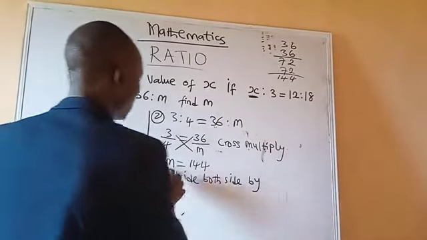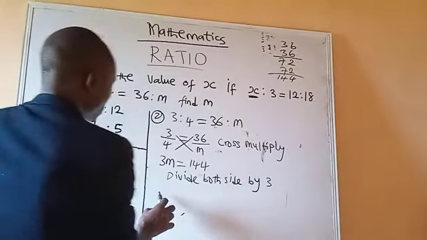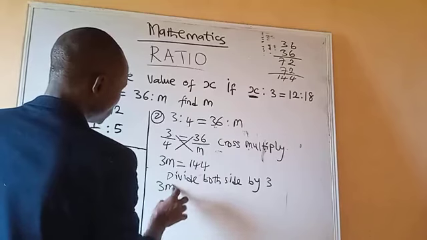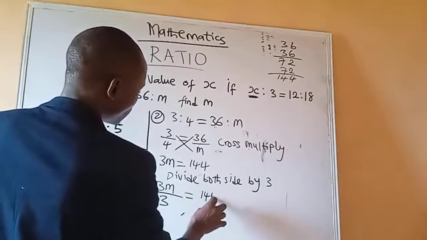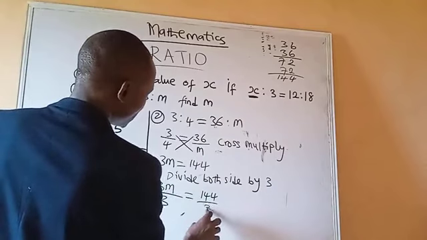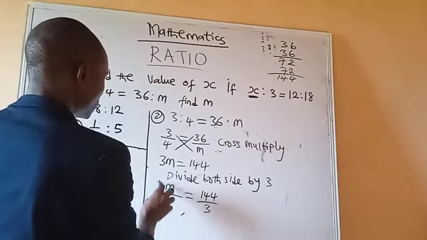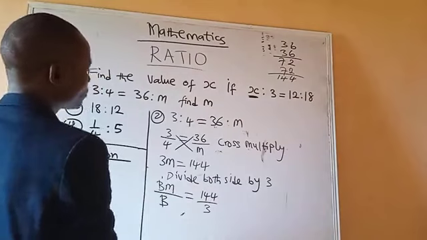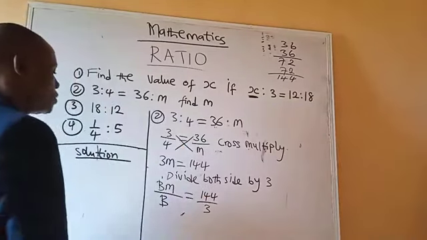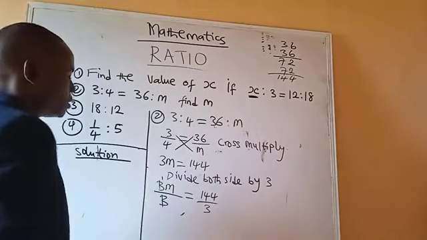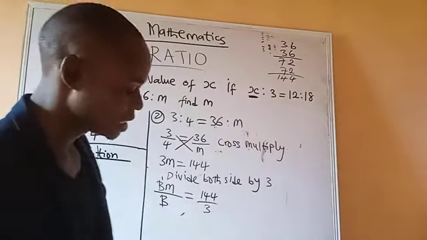Very important. By 3. You now say 3m over 3 equal to 144 over 3. This will cancel this to give you 1. 1m is the same thing as m. Why we don't write 1m is because 1m is the same thing as m.